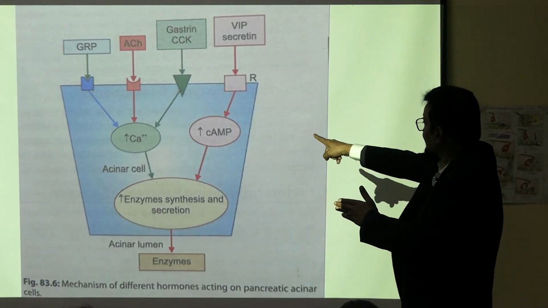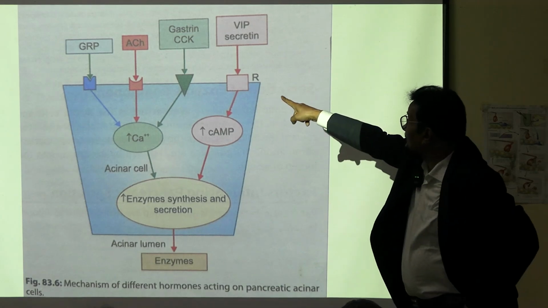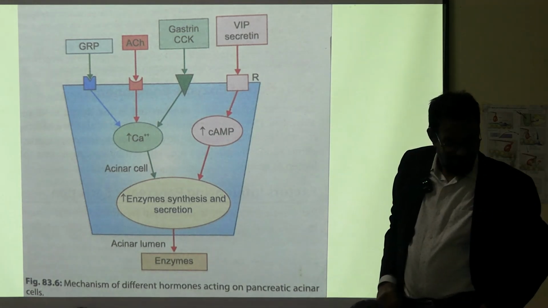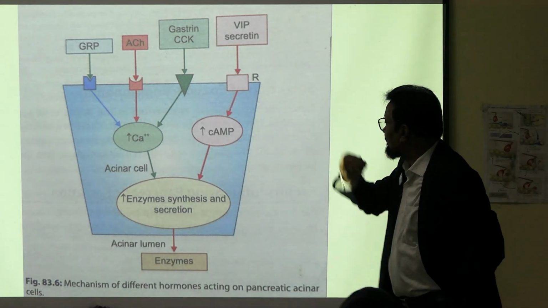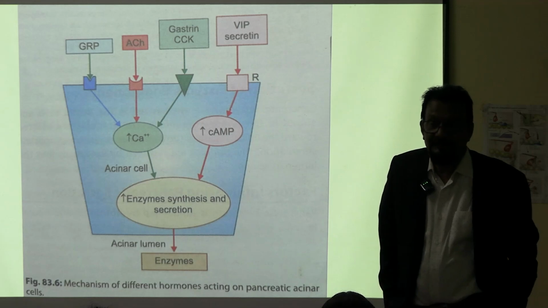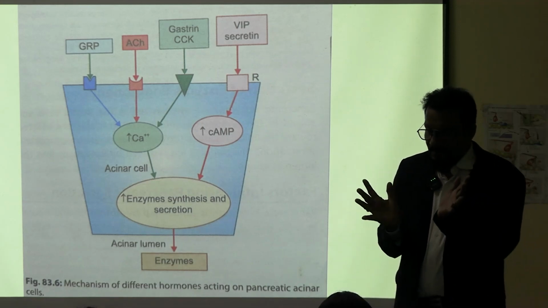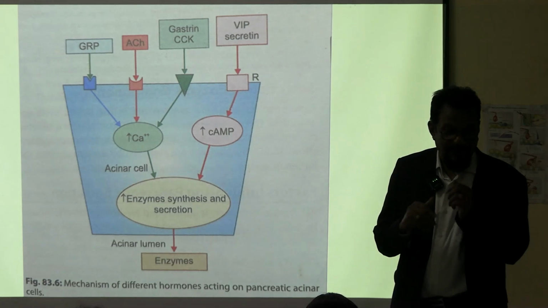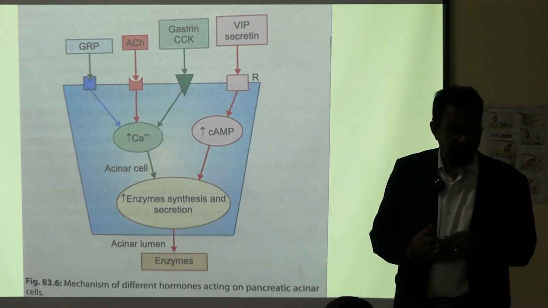One branch will liberate acetylcholine, and another branch will liberate GRP. This GRP will bind with its receptor and produce calcium ion. This is the mechanism of the cephalic phase by which pancreatic juice secretion is made.